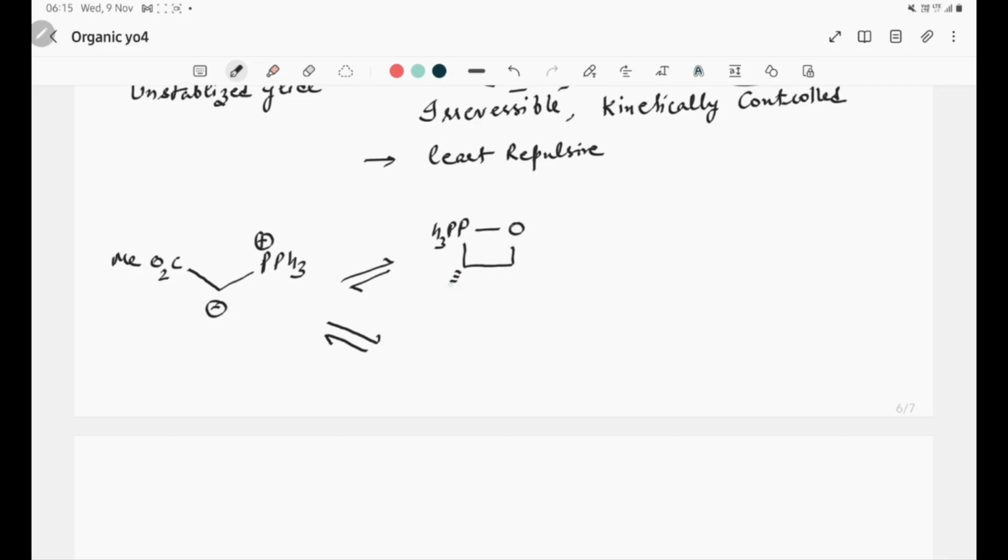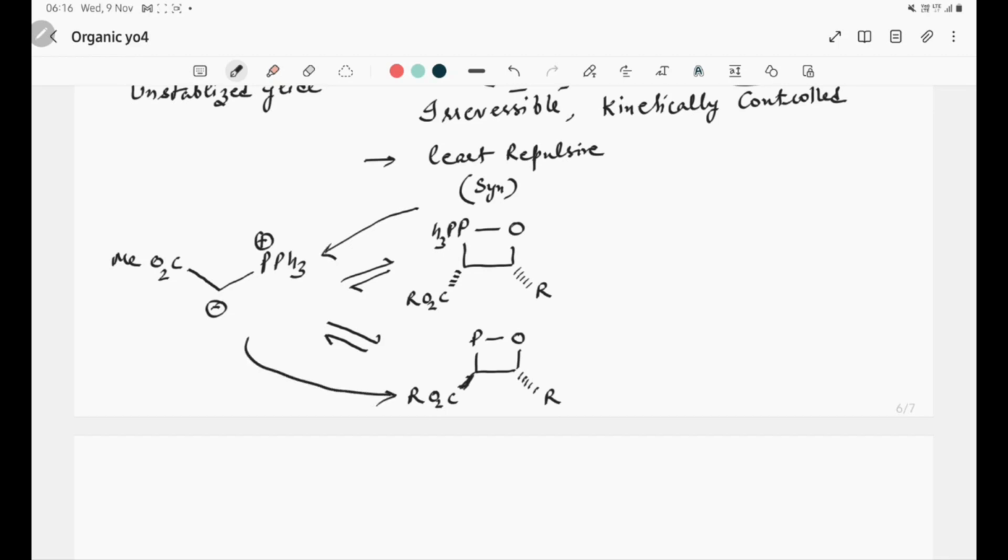Now this is CO2R, this is R. So this is the syn isomer and this is, you can say, the anti isomer. Therefore, the syn isomer can go back and the anti isomer can go back. Now they are in an equilibrium.